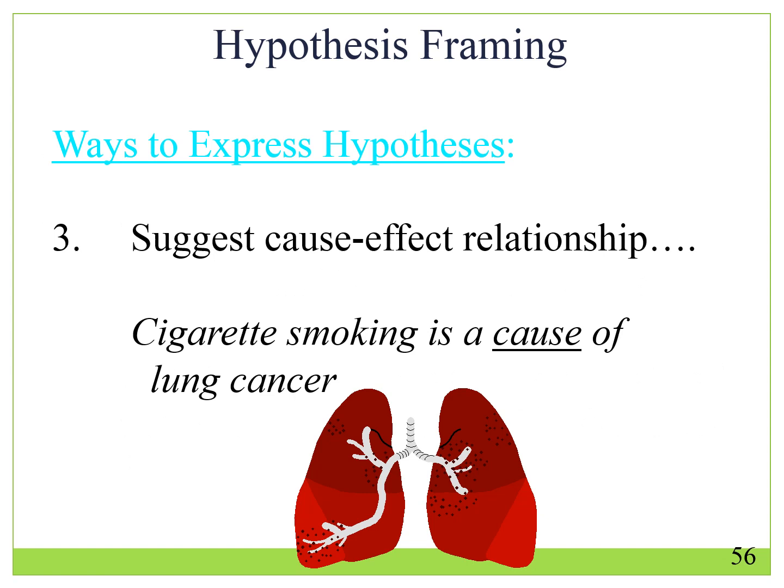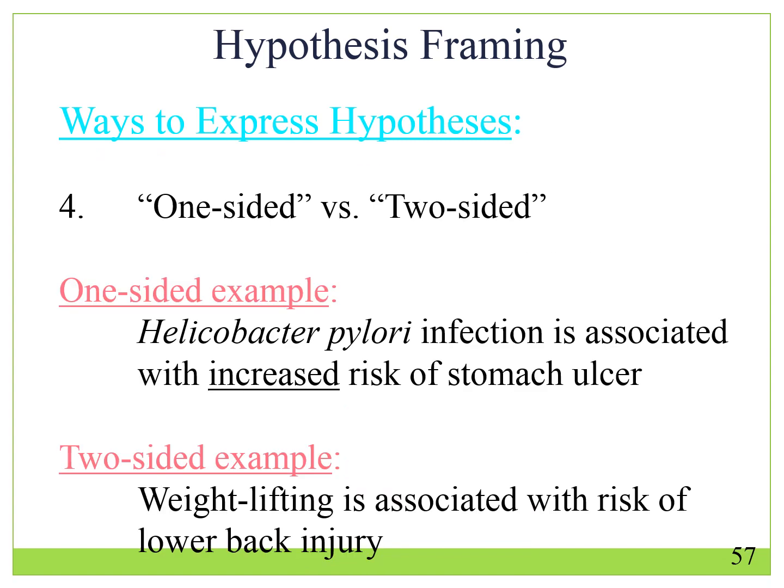Suggest a cause-effect relationship, for example, cigarette smoking is a cause of lung cancer. One-sided versus two-sided. One-sided example: Helicobacter pylori infection is associated with increased rate of stomach ulcer. Two-sided example: weightlifting is associated with risk of lower back injuries.